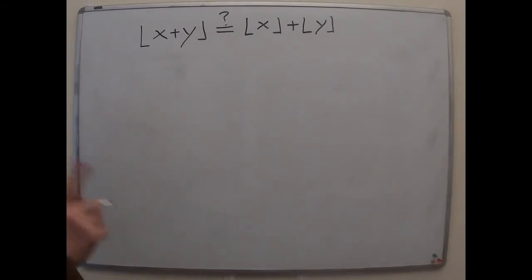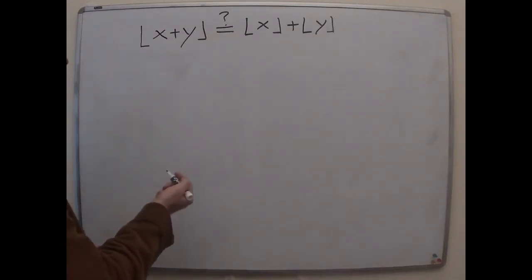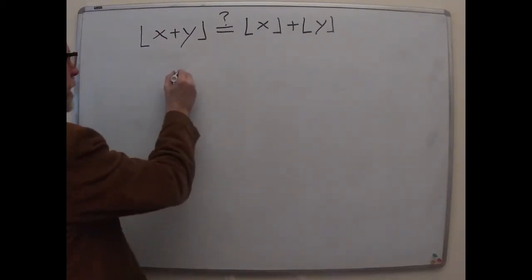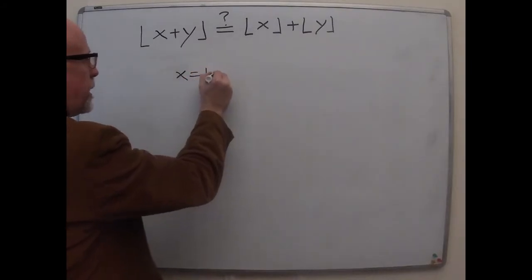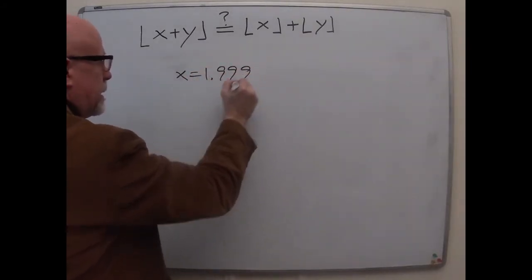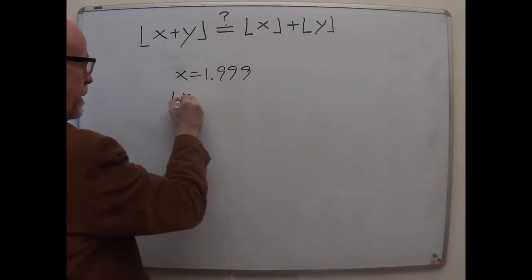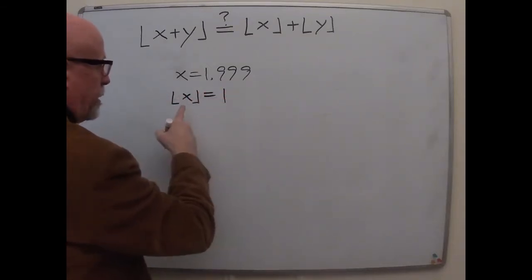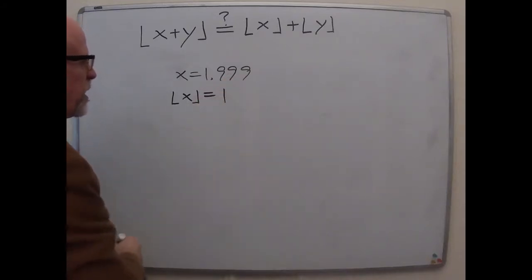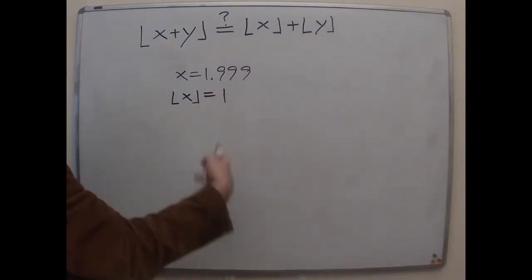Well, a good way to look at statements in general is to look at sort of extreme cases. Like if x was equal to 1.999, then the floor of x is 1, right? But this is a place where the floor has made the biggest potential difference.